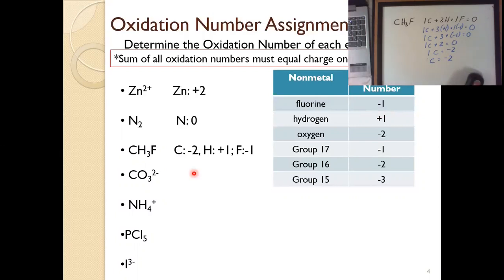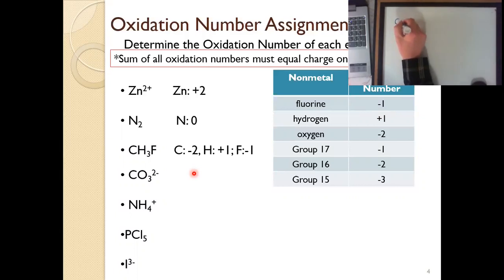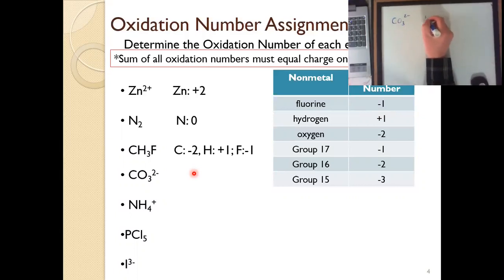Then we'll do the same thing for the carbonate ion. Carbonate, CO3 2-. From the formula, we have 1 carbon and 3 oxygens. So the sum of the oxidation numbers of carbon and 3 oxygens must equal the charge. The charge is -2. We don't know anything about carbon, but we know oxygen prefers to have an oxidation number of -2.